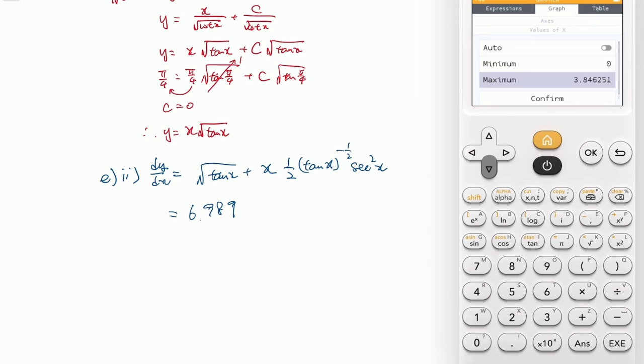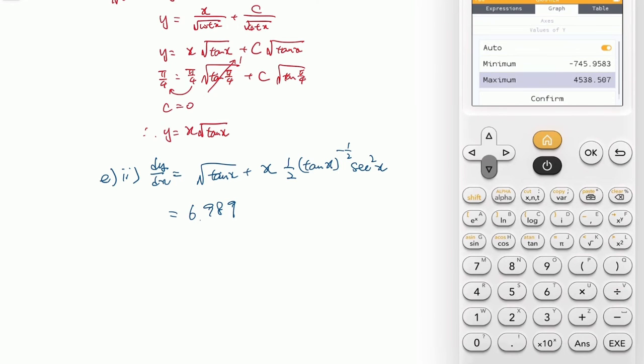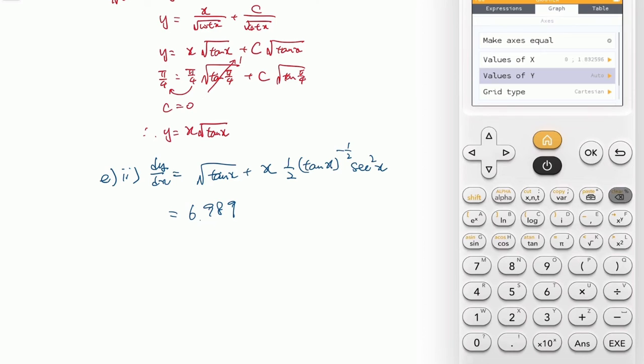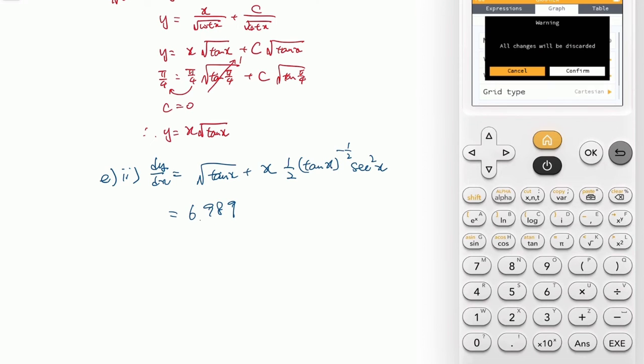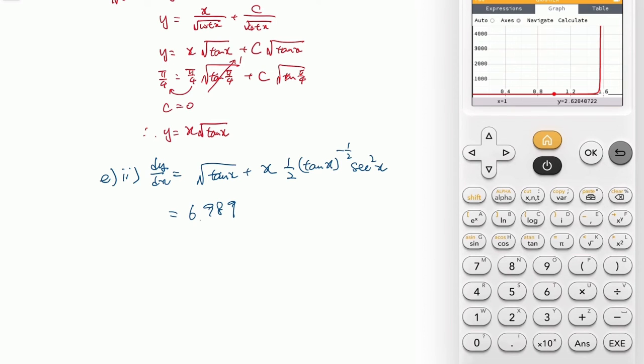But we'll make it wider, I guess. So instead of 5 pi over 12, maybe we'll do 7 pi over 12. Make it wider so we can actually see. Why is the y value so big? I'll change it. Okay, that's probably better. Now what's 5 pi over 12, right?